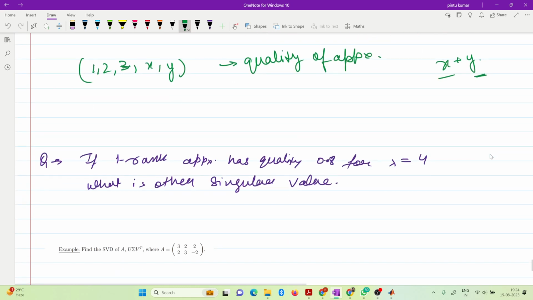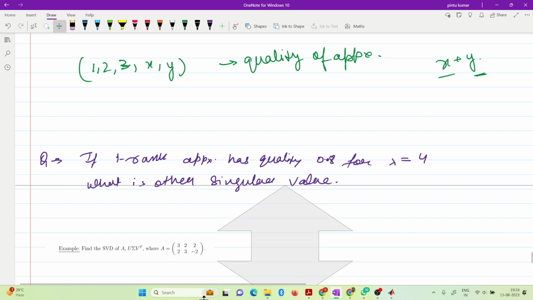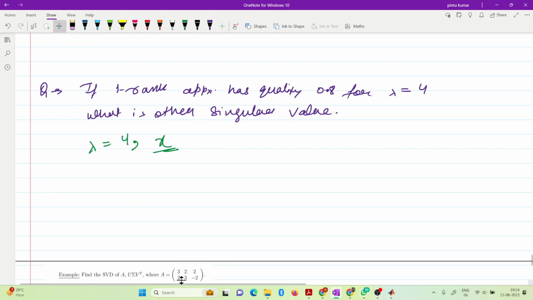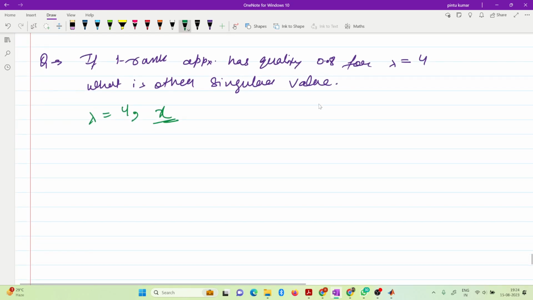I'll do a similar question but at a much smaller scale. Let's say you have only two singular values, one is 4, another one is x. What is given is that the quality of approximation is 0.8, and we have been asked to find the other singular value.